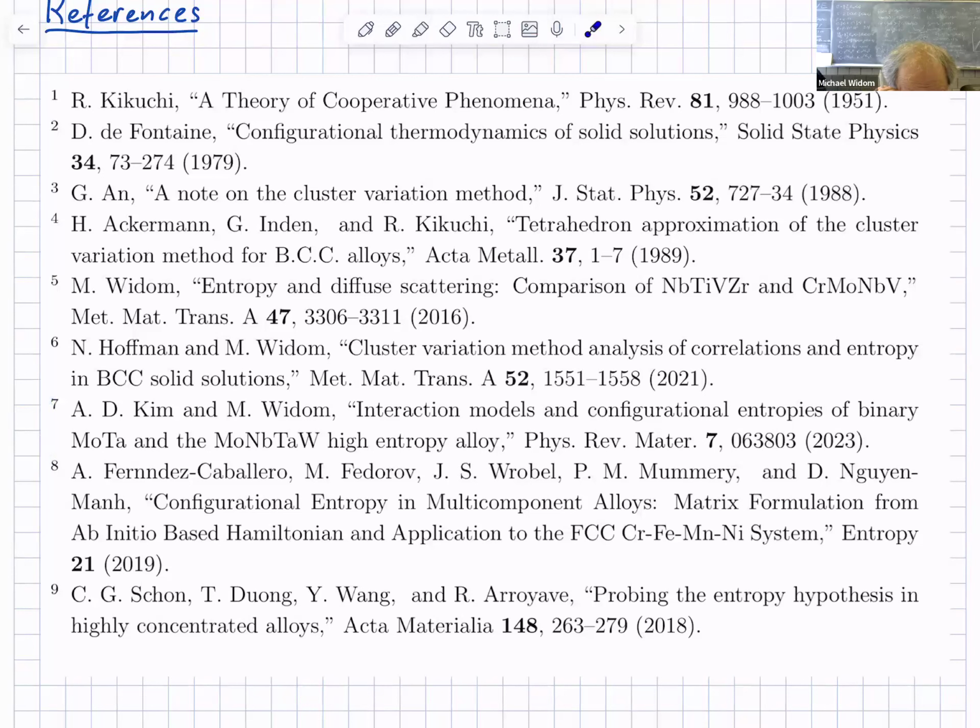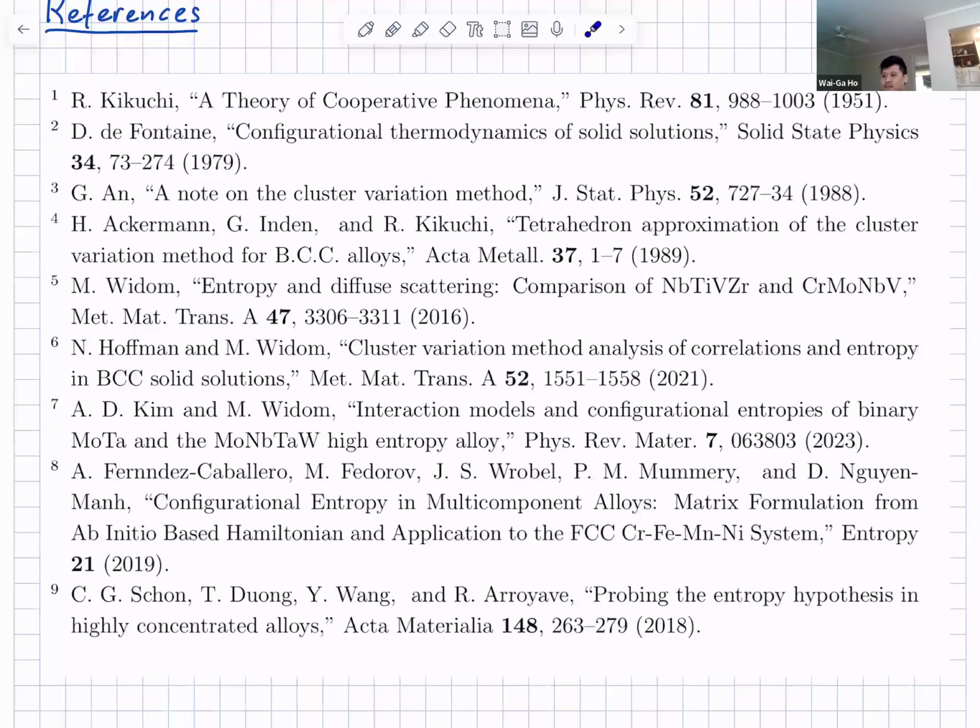And I also want to call out references 8 and 9, who I think have done the best job of applying CVM within the context of high entropy alloys. Very nice. Yeah, so the first 4 are kind of foundational papers. 5, 6, and 7 are the most relevant papers of mine. And then 8 and 9 are the best for high entropy alloys.